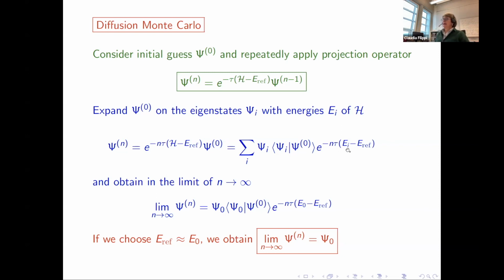Therefore, what you can see is that in the limit it is an exponential, and energies which are higher than the ground state will die faster than the ground state. Okay, so as n goes to infinity, this operation will leave me with psi_0.